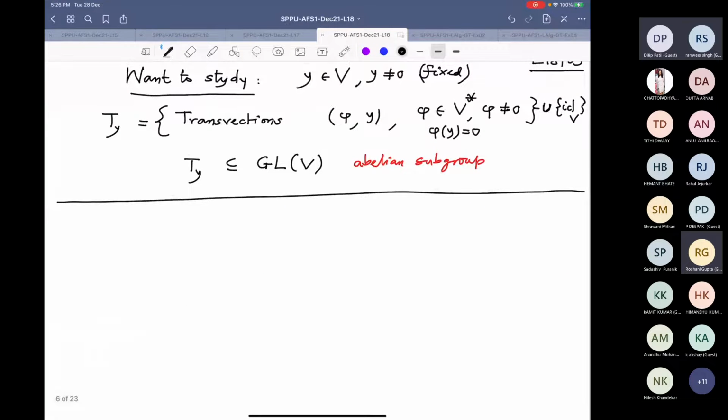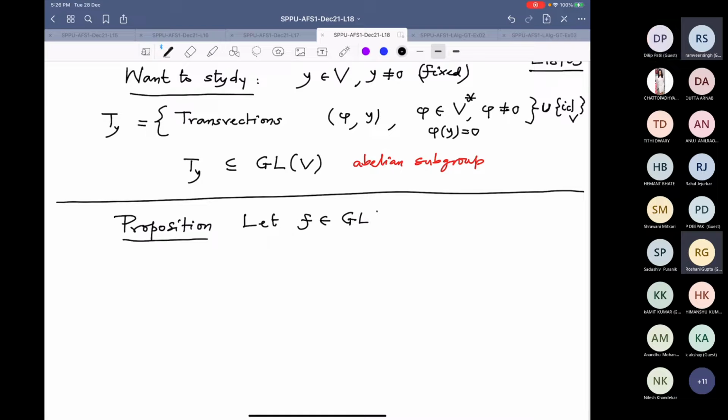So therefore the first proposition I want to prove is the following. Let F in GLV be a pseudo reflection. And therefore the fixed space of F, call it H, I am going to denote by phi.